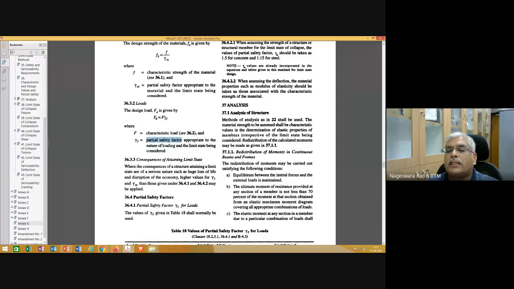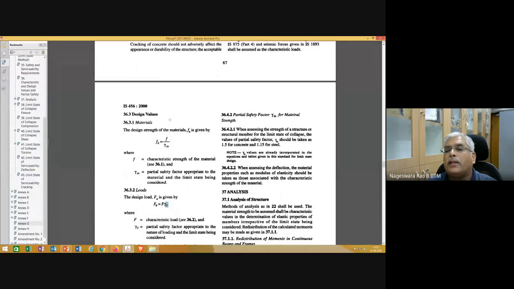What is characteristic load? Whenever you see the word characteristic appended to either loads or material properties, the definition is the same: not more than 5% of the test results should be less than that value, or 95% should exceed that value.